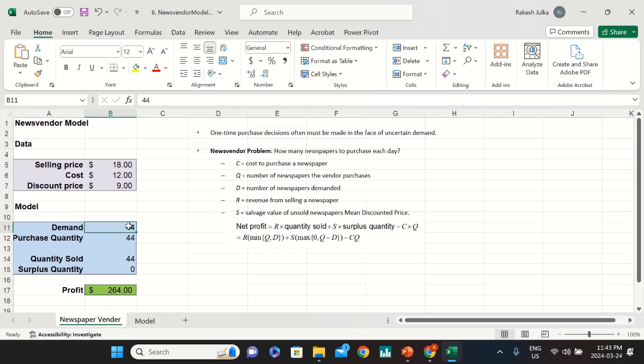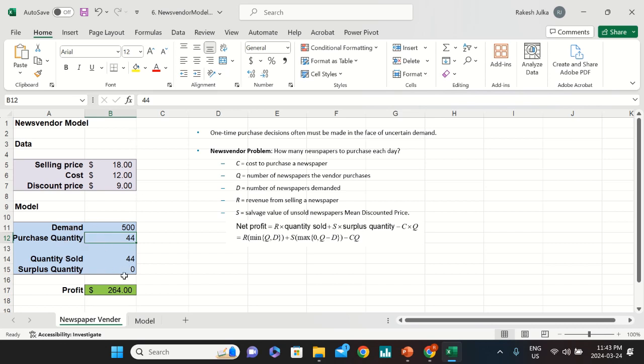If demand is maybe 500 newspapers, it is not going to affect it. Because whatever the demand is, the vendor has purchased 44 newspapers, which is the maximum he can sell. So he has sold the 44 maximum and 0 is the surplus quantity because he has not bought any more.